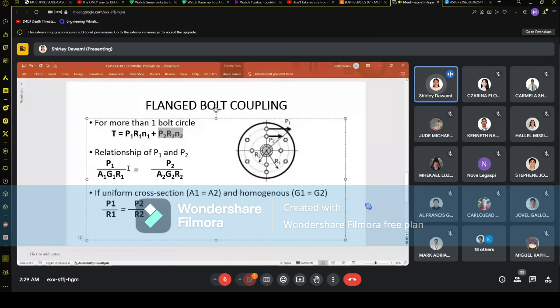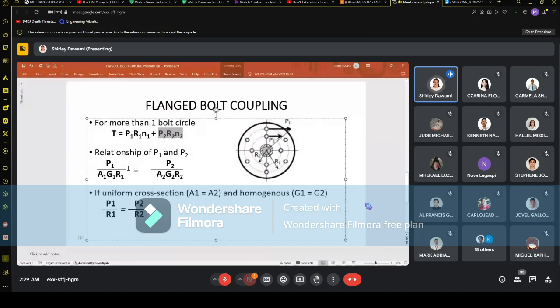So both bolts in the inner and outer bolt circle are added here: P1 R1 N1 plus P2 R2 N2, because both bolts in the inner and outer bolt circle will offer resistance. Each of them will offer resistance.